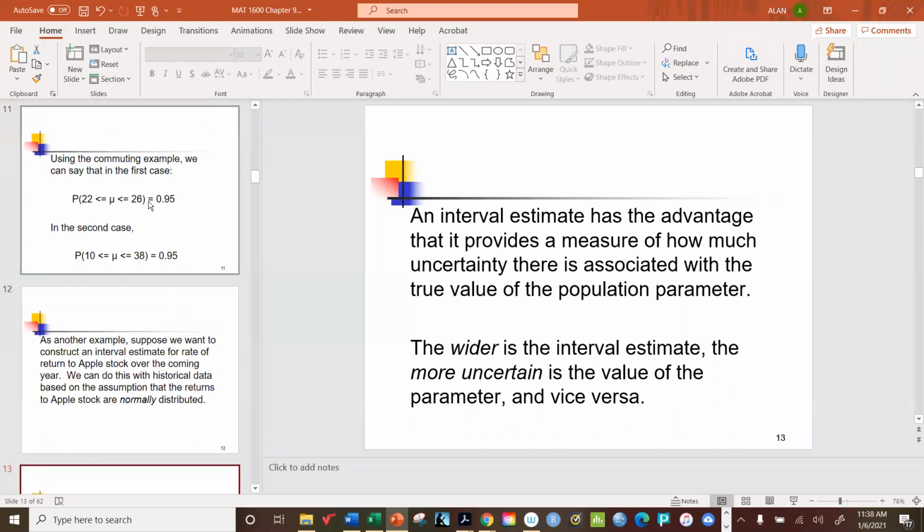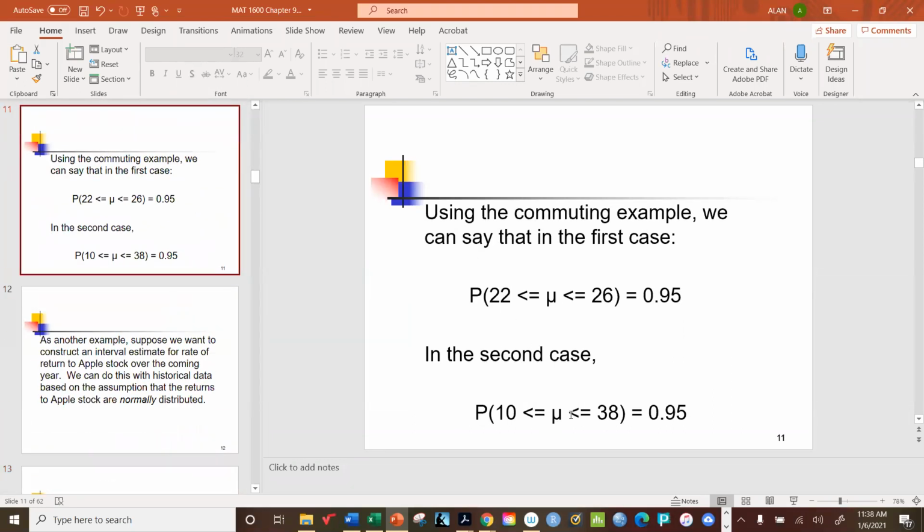Just like before, in the second case there's a lot more uncertainty about your commuting time, because you don't know from one day to the next if it might take 10 minutes or 38 minutes, whereas in the first case the vast majority of the time your commuting time will be within this narrow range. So you can pretty much count on getting there on time if you leave the house 26 minutes before your class starts.